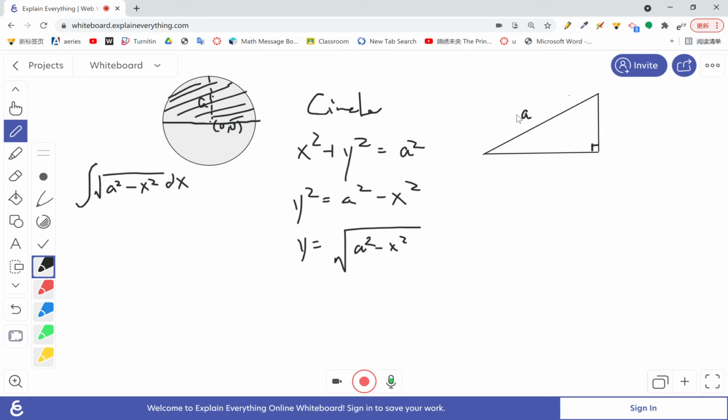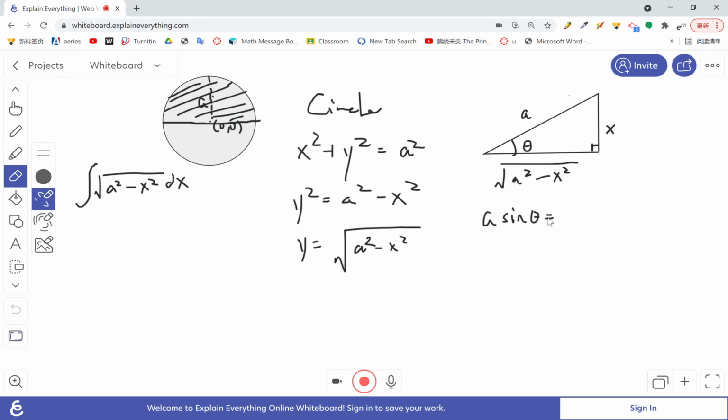Let the hypotenuse be a, one leg be x, and the other be the square root of a squared minus x squared. To do the trigonometric substitution, we set this angle to be theta. Then we can see that sine theta is equal to x over a, so a sine theta is equal to x.